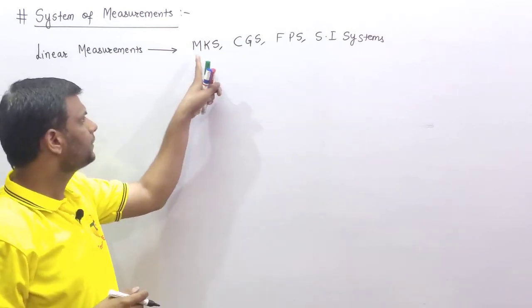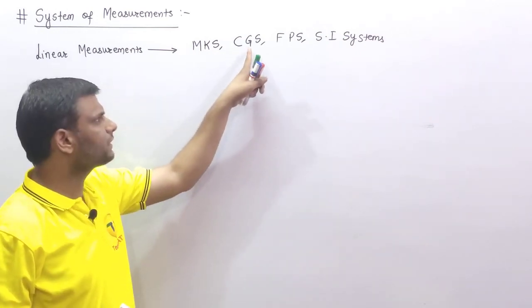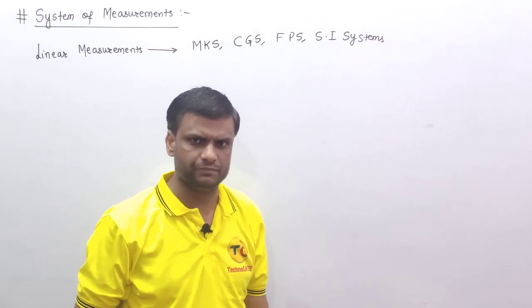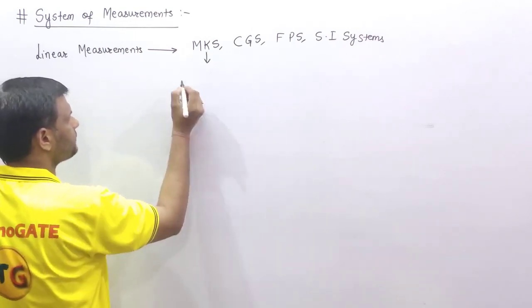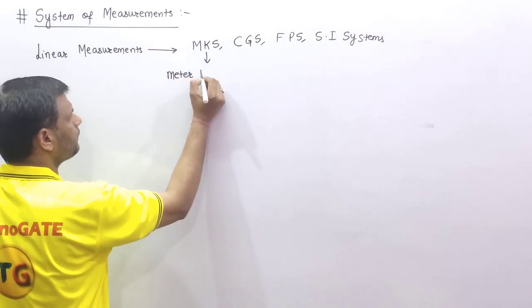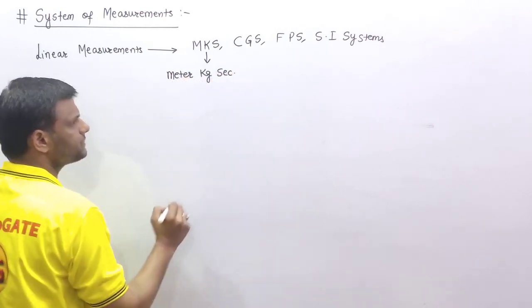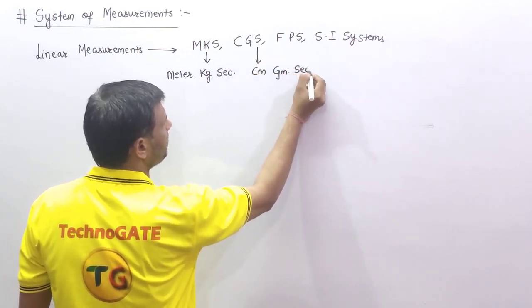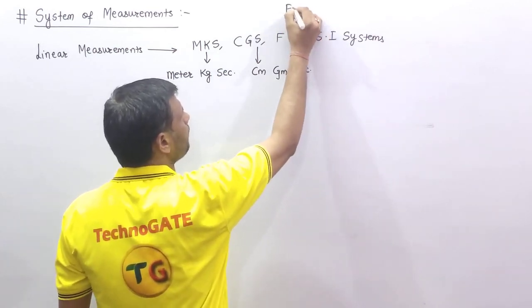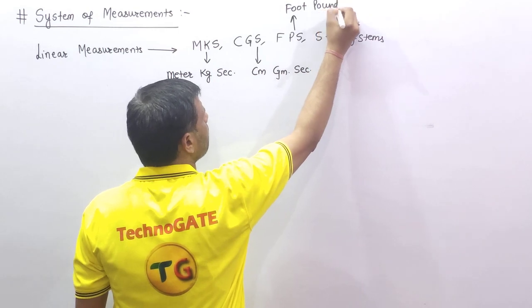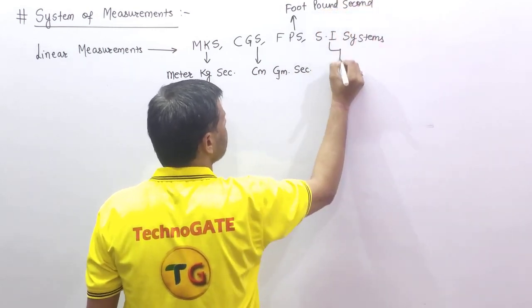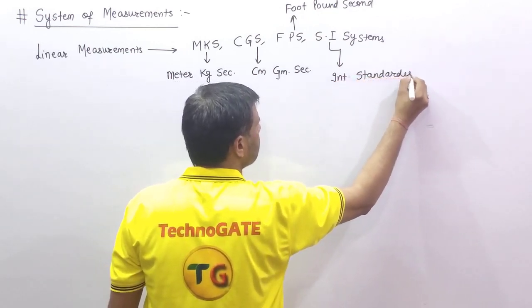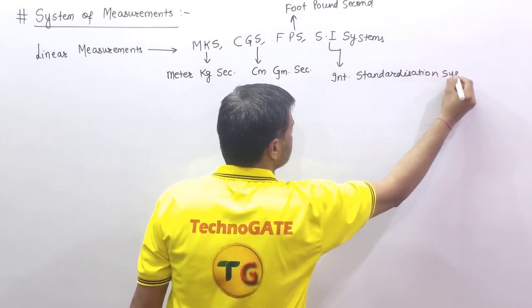That is the meter kilogram second system, the centimeter gram second system, the foot pound second system, and the international standardization system.